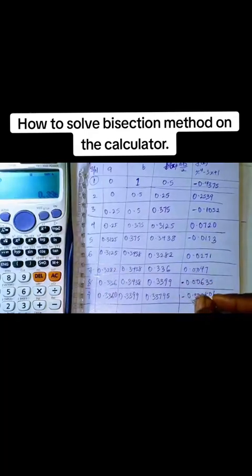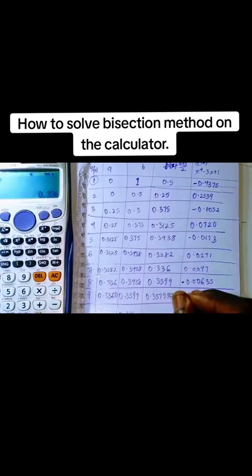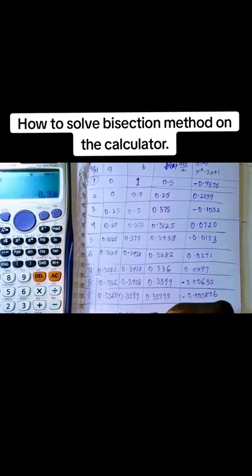Now this is a negative value, so we write this one on the negative part, which is 0.3380. I want to approximate this side to give me 0.3380.